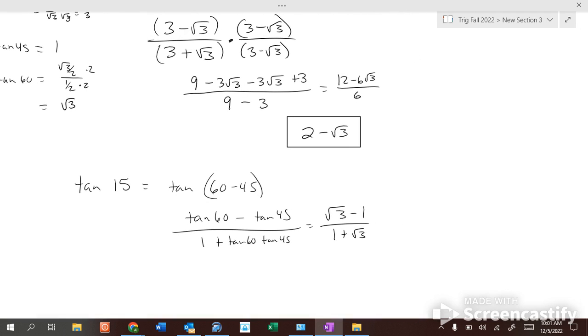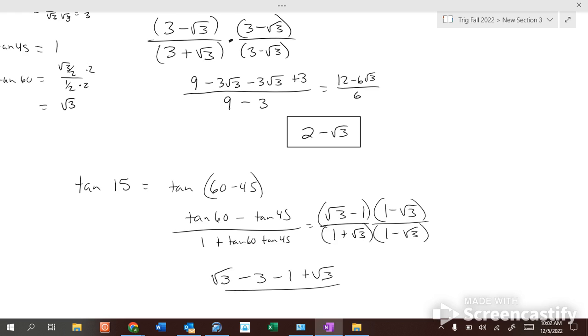So, if we do that, and then we FOIL, we'd FOIL it by what? 1 minus square root of 3. On the top, we get first times first is square root of 3. Outers is minus 3. Inners is minus 1. Last times last is plus square root of 3. Over on the denominator, we get 1 minus 3, since outers and inners cancel.